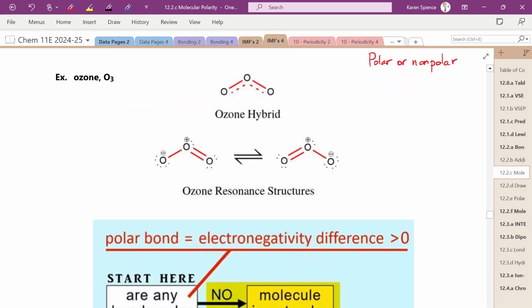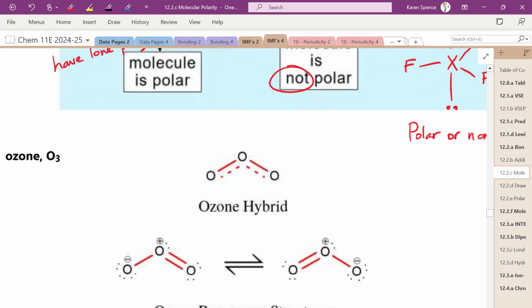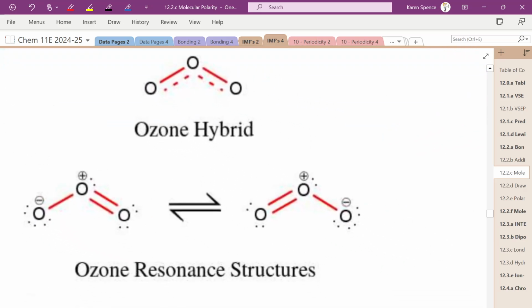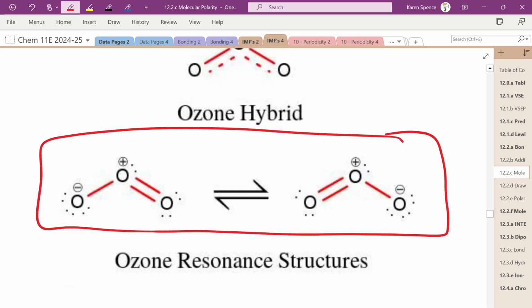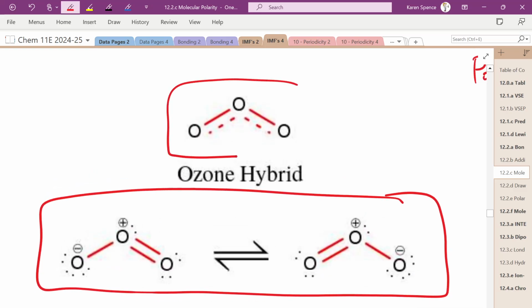Anyway, here we have ozone. What can you say about the polarity of ozone? Here's our resonance structures. Polar or nonpolar? Is it really like this, or is it really like this?